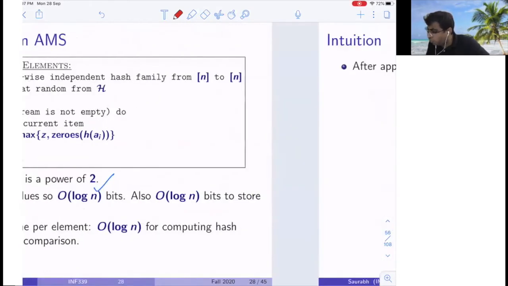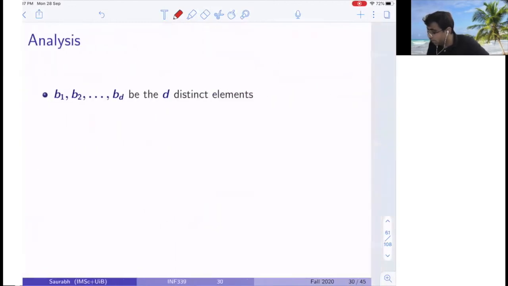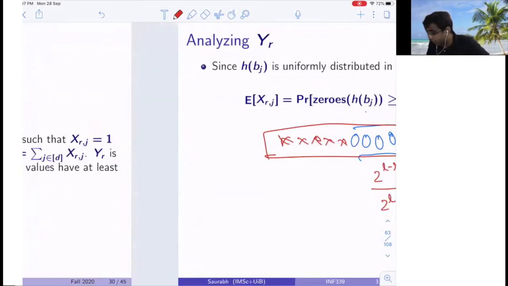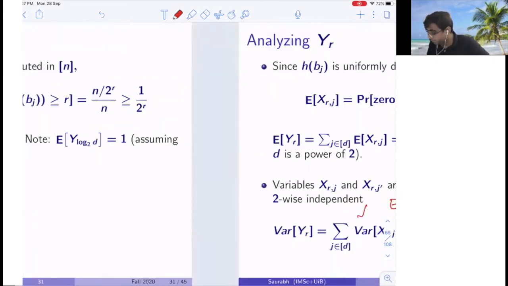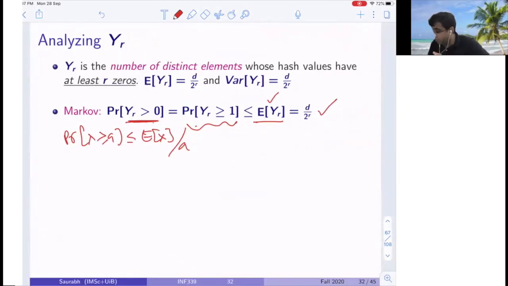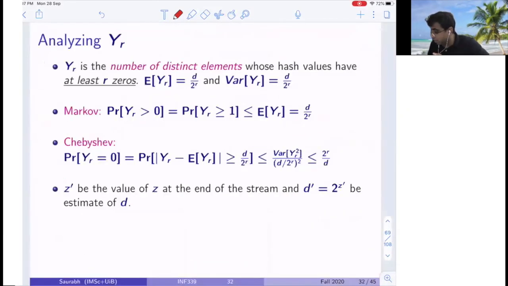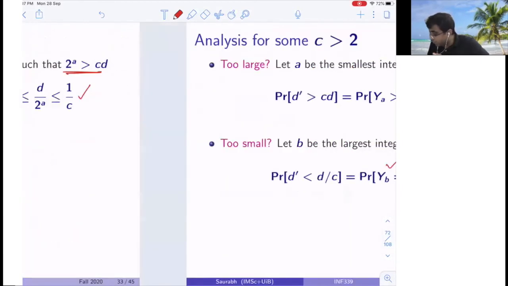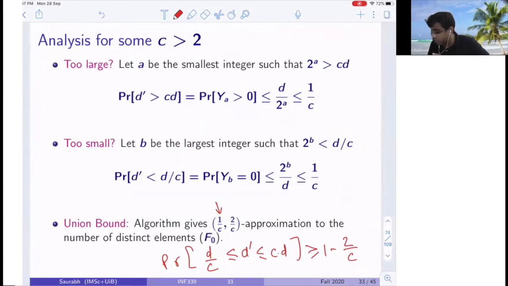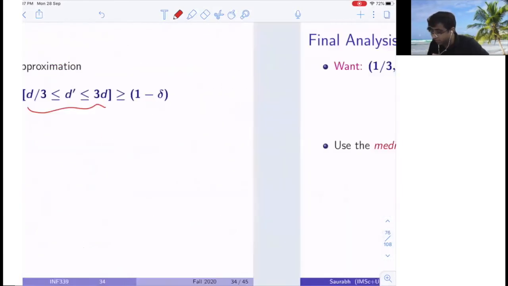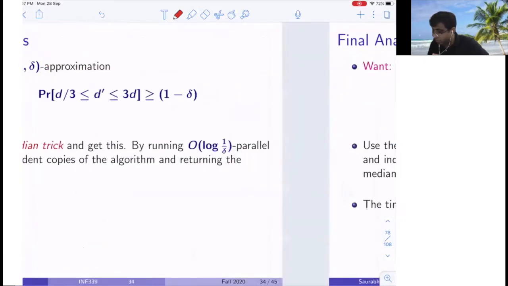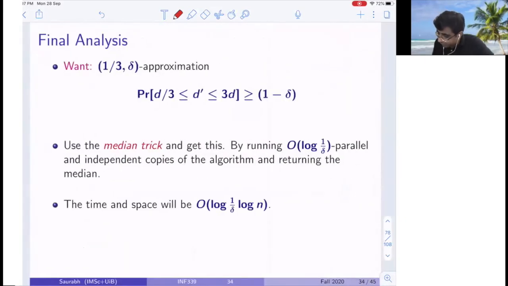Now, how do we go about making this proof epsilon delta? Okay. So all we were able to achieve from this algorithm is a constant factor approximation. Okay. So this is a factor 3 approximation, or we can actually get it for any factor c greater than 2.